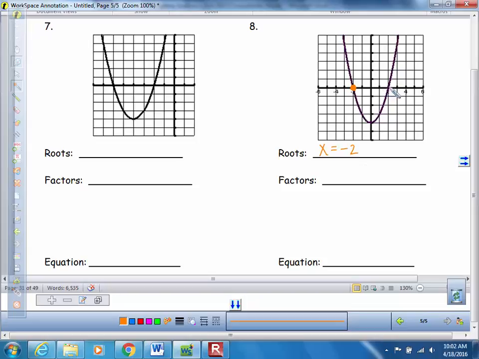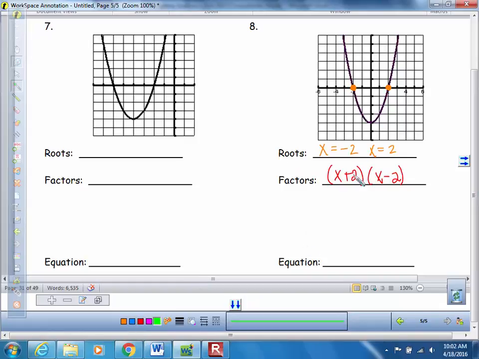And then my x here would be what, Tyler? 2. Okay? So, Brianna, what would my factors be? X plus 2, x minus 2. Very good. Okay, and then the last thing we want to do is multiply.